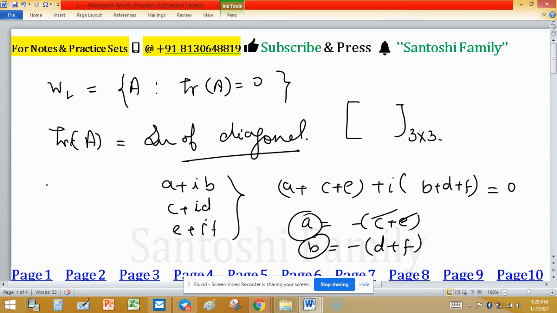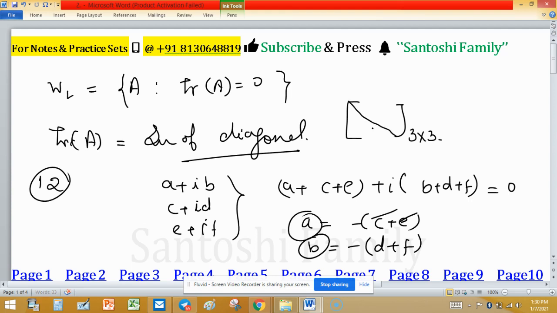The total is 9 entries. Leaving the diagonal entries first, the remaining entries are 6, and doubling, because for each complex entry you are free at two places for the real part and imaginary part, 6 times 2 is 12 positions where you are free.